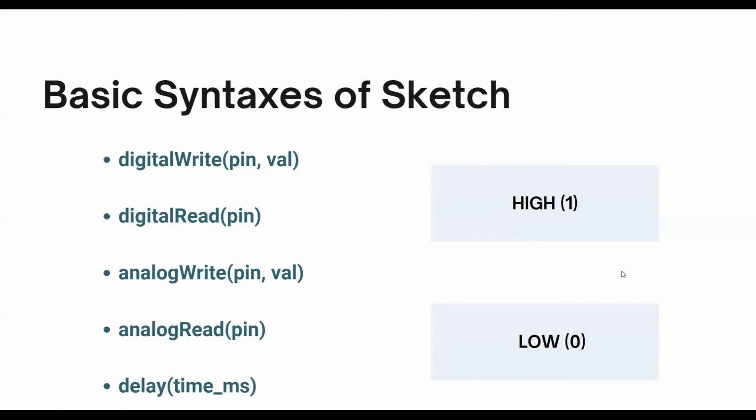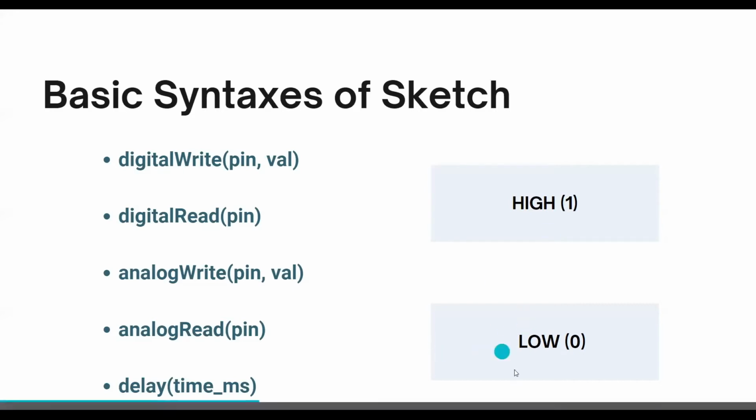Or you can also write it as 1. HIGH or 1 are the same thing in Arduino coding. Either you can write HIGH or 1. That means it is maximum voltage. If you have connected it to a digital pin, it will give you the maximum output that it can give. Suppose it is giving 5 volts, so it will directly supply the 5 volts.